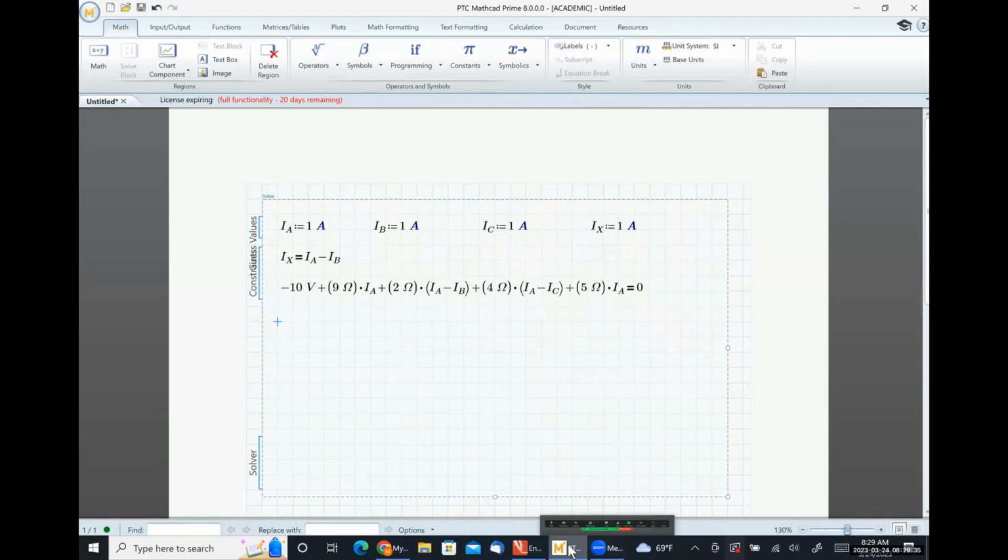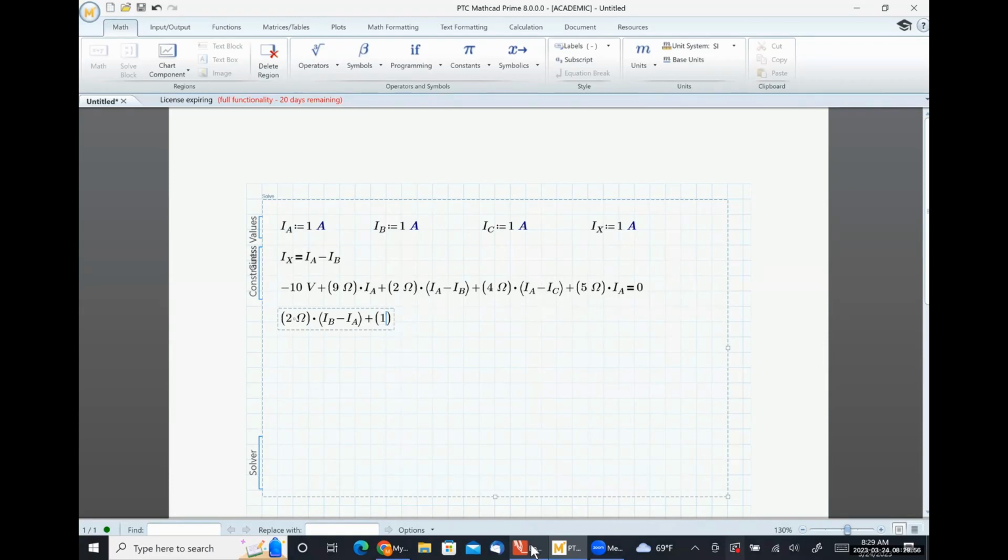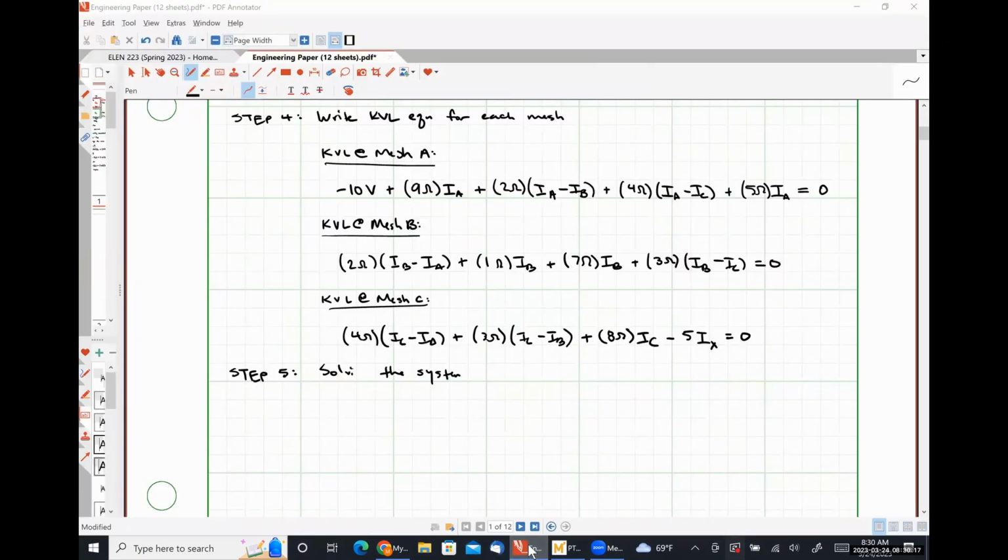All right, so 2 ohms times IB minus IA, plus 1 ohm times IB, plus 7 ohms times still IB, plus, I forgot what's next. 3 ohms times IB minus IC.